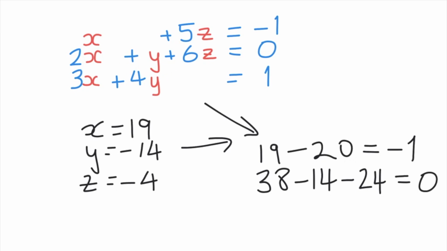And then on the bottom row, what do we have? 3 19s are 57, and then plus 4y, 14 times 4, 28, 56, which does indeed give us 1.